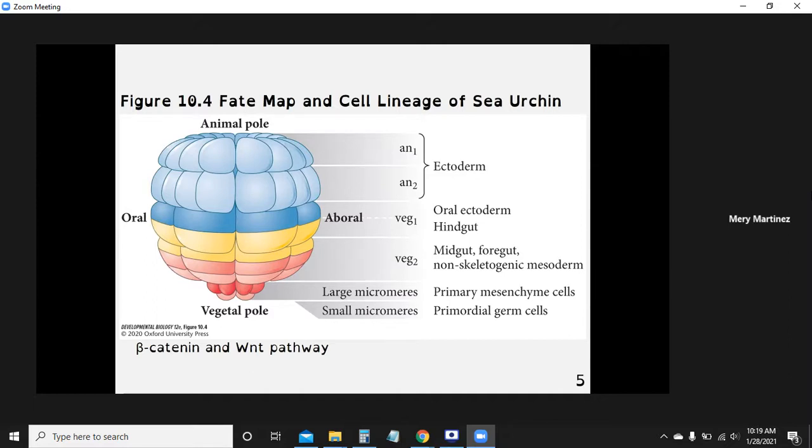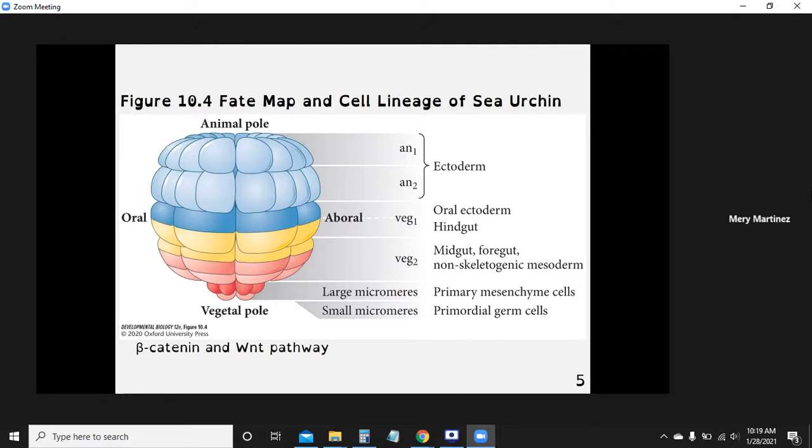We're also going to have the non-skeletogenic mesenchyme, seen here in red, also known as the secondary mesenchyme, which will generate muscles, pigment cells and some immunocytes too. So that's the second tier, the VEG2.